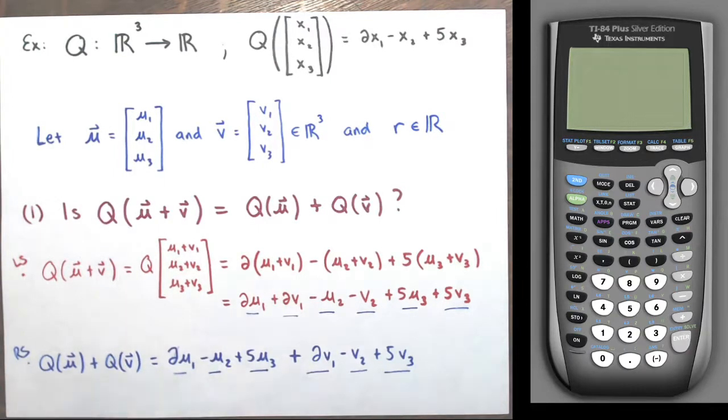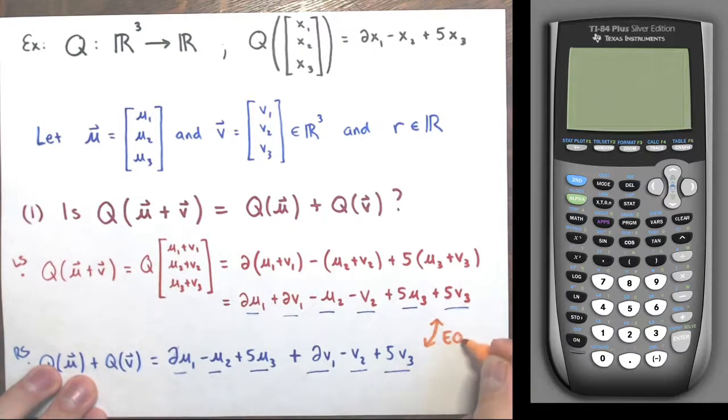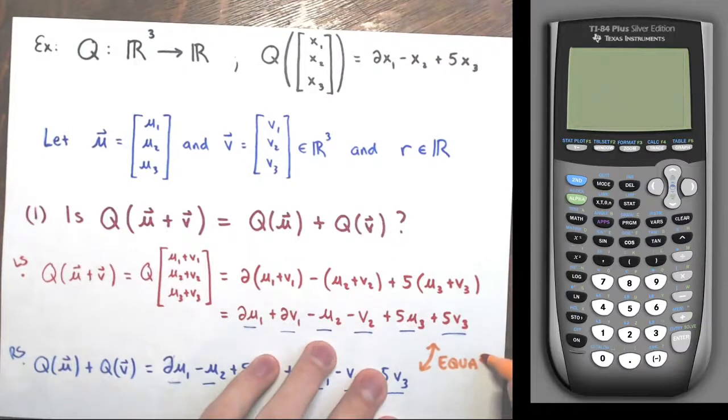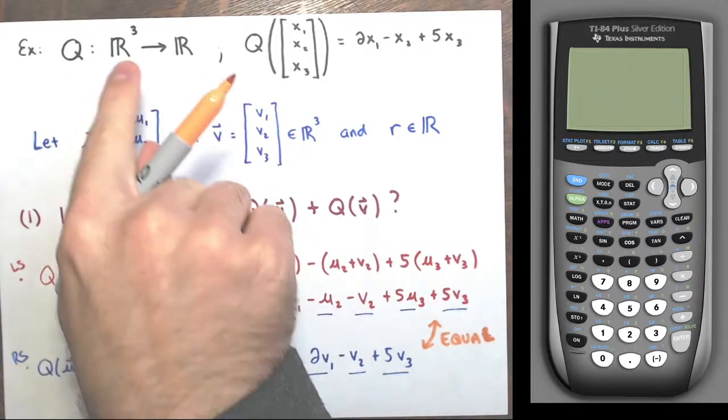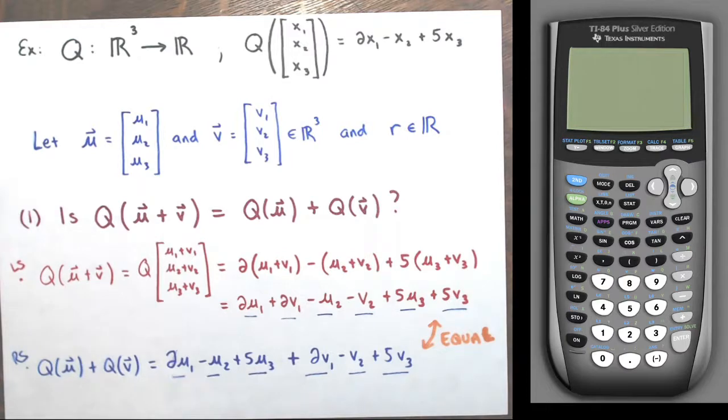These are equal. And it didn't matter what u1, u2, u3, v1, v2, v3 were, any real number. So these are going to be equal no matter what I replace u and v with, for any vectors from the domain, R3.